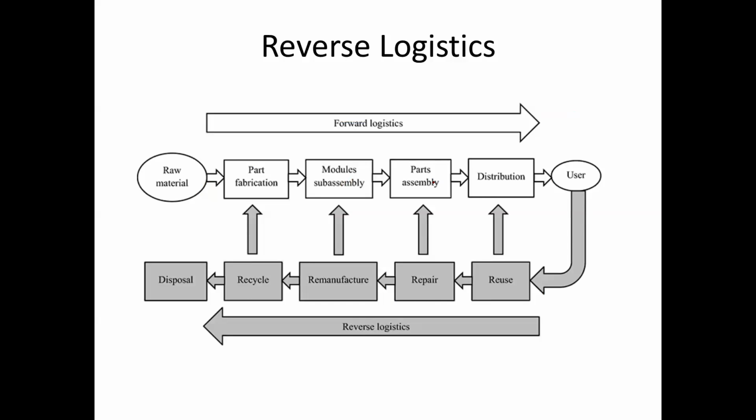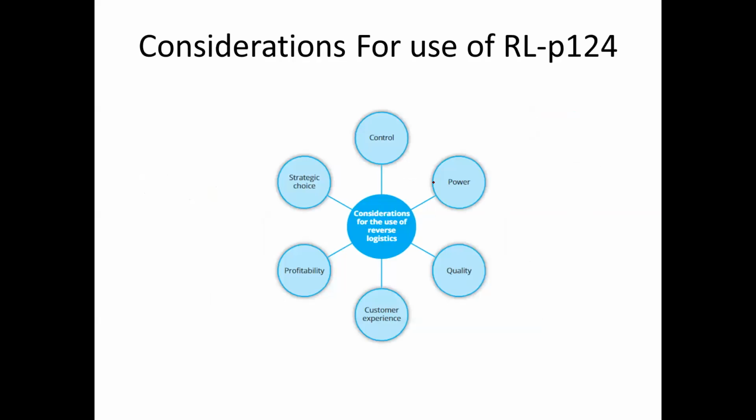Then it briefly discusses reverse logistics, does the study guide, because obviously that's supply chain management. The study guide says there are considerations when we use reverse logistics. Very strange section, page 124, about it depends on profitability, strategic choice, control, power, quality, customer experience.